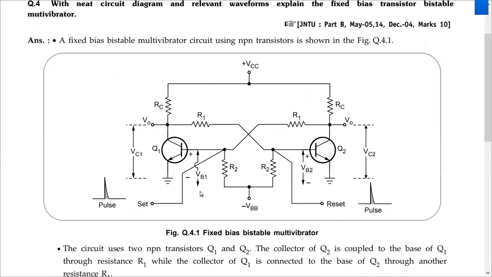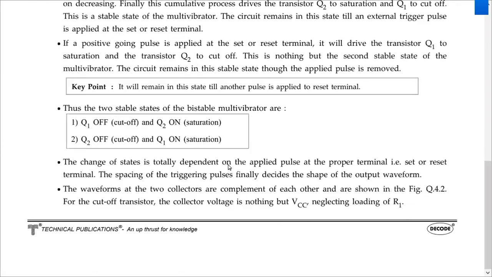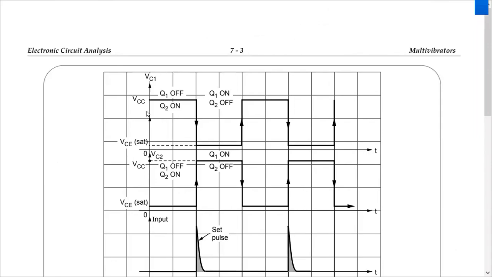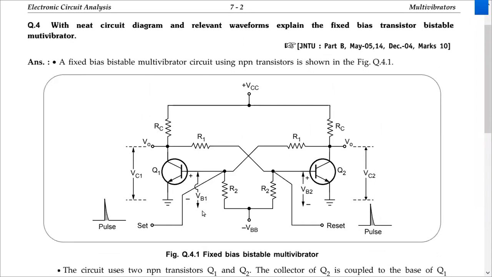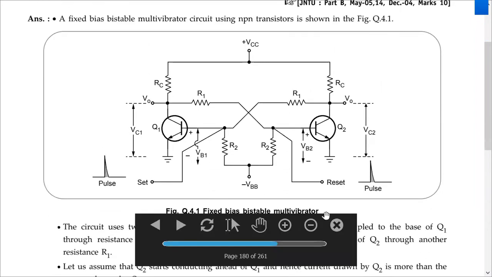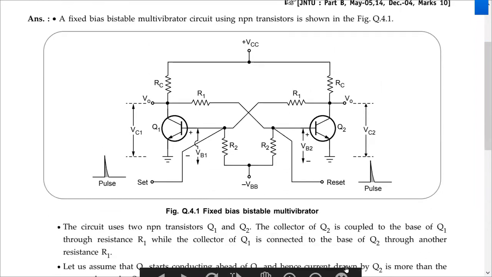But when you start giving the triggering, then the situation is in your control. Initially we have not given any triggering, but definitely one voltage will be high, the other voltage will be low. Now when we give triggering, for example, set is a terminal connected to Q1, and to that terminal we are giving a pulse.